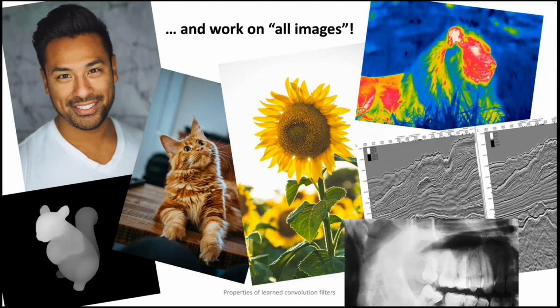So for example, it works on depth maps, which you see on the lower right, where you try to estimate the depth to an object. Or on the top right, you see thermal images, where the images do not contain color information in the pixels, but thermal information. Or on X-rays, where you have information about the density of the object. Or even seismic plots, which we have also seen a couple of weeks ago in the presentation of Mario.